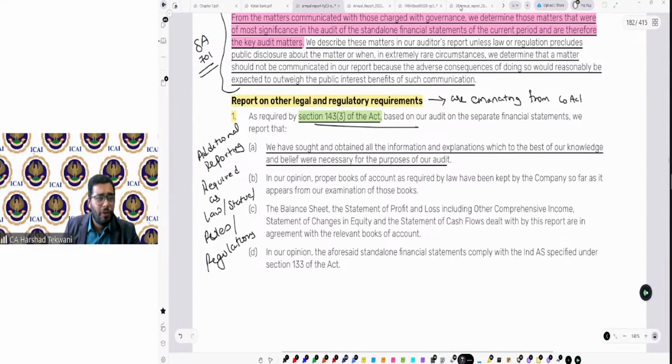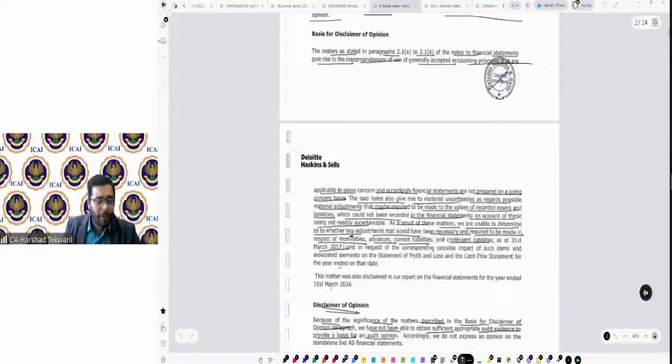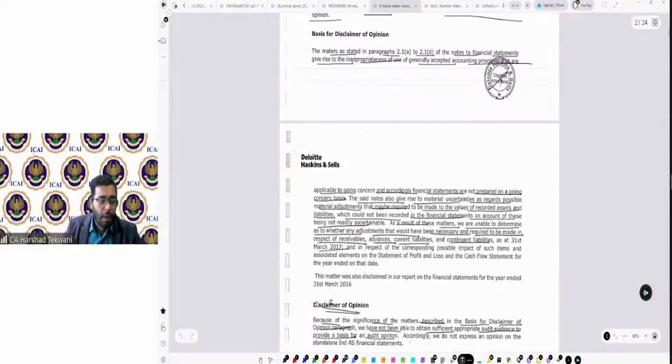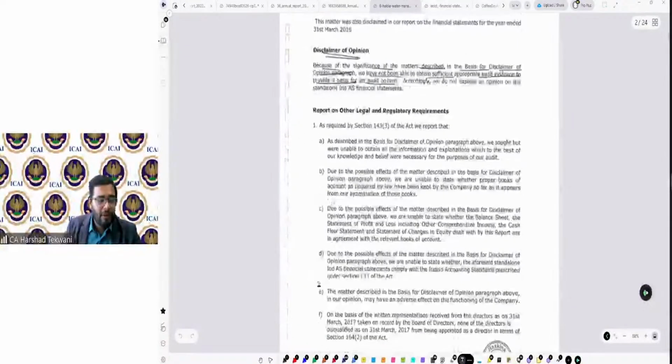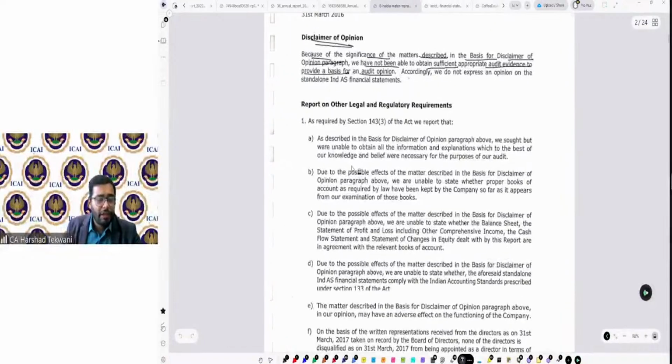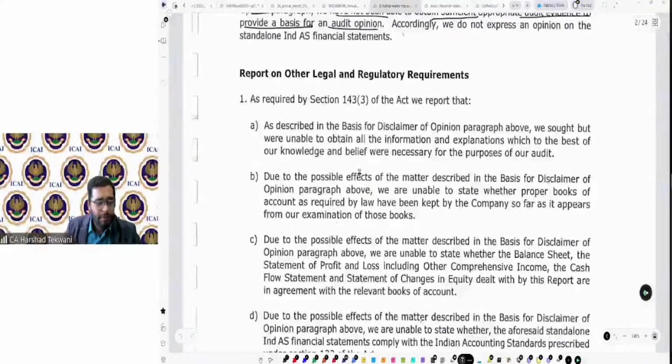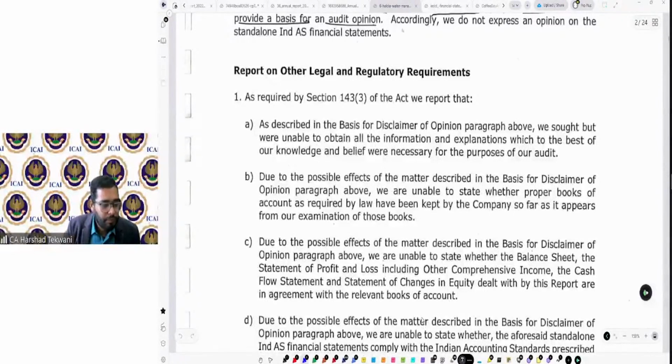If the auditor does not receive such information, in that case he can specify that he has not received the information and what information he has not received. For example, in this case, this is a disclaimer of opinion, because they have not received some information. Now, if they have not received the information, in the section 143 paragraph, what they will report is, as described. See the change in wording.